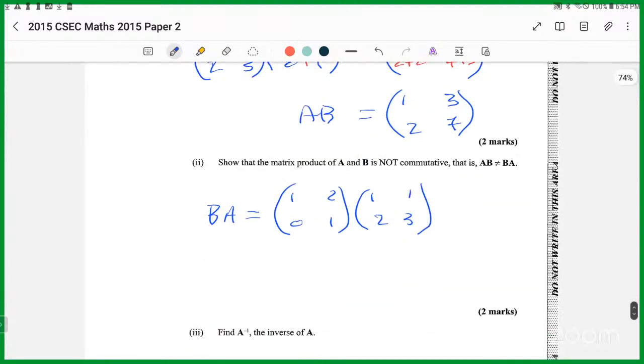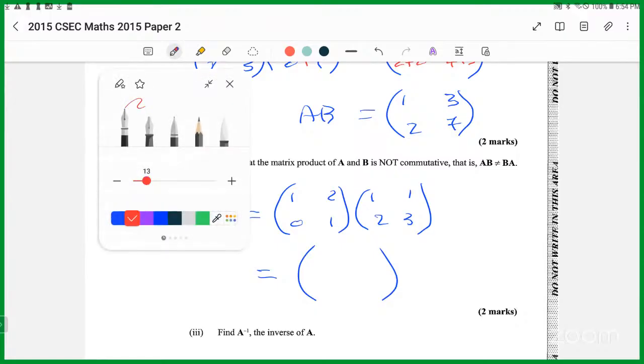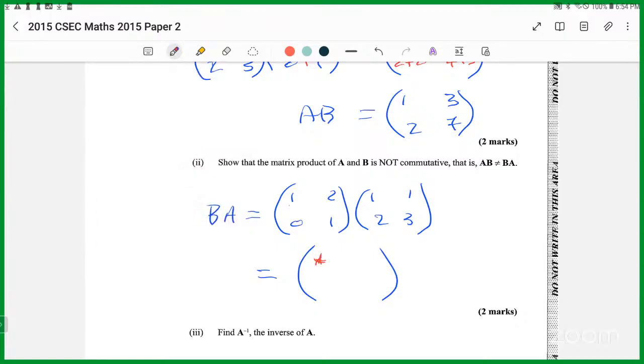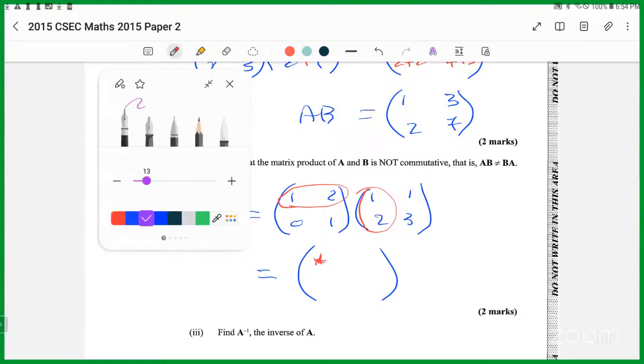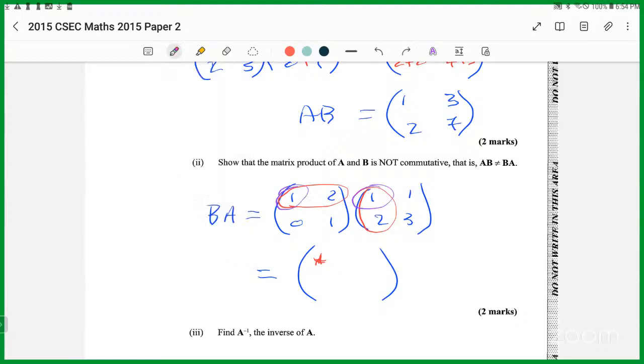To work out the first value, it will be this row times this column: first element times first element, second element times second element.